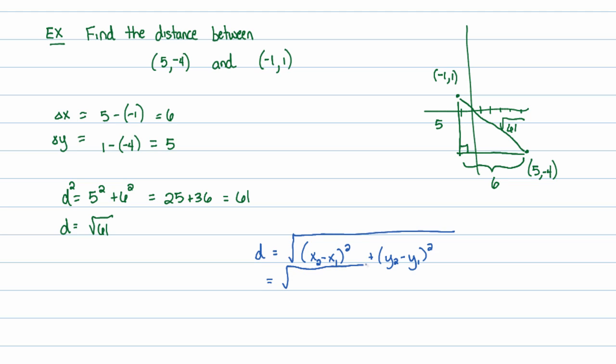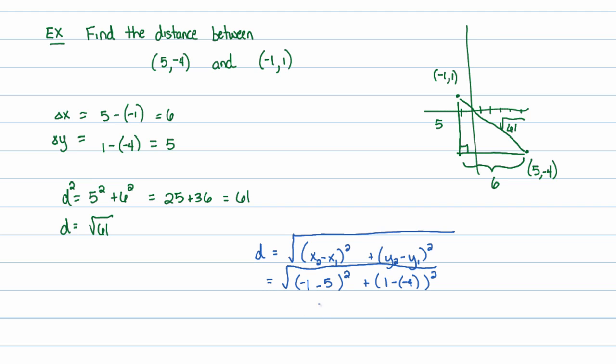Square root of, let's see, I have some junk being squared here plus some other junk being squared here. In this first parenthesis will be x value minus x value, so negative 1 minus 5. Doesn't really matter which order I go in here. And y value minus y value, so 1 minus a negative 4. 1 minus a negative 4.